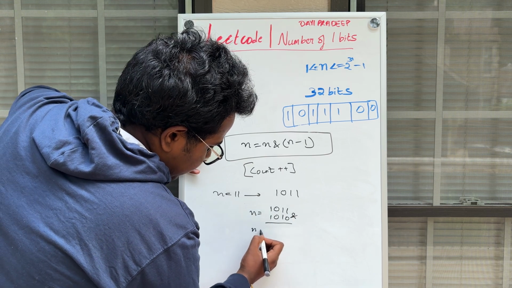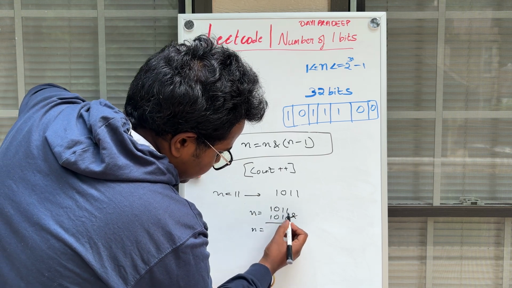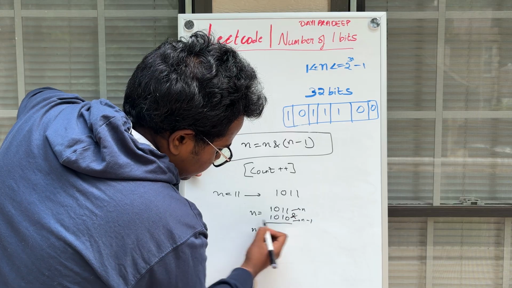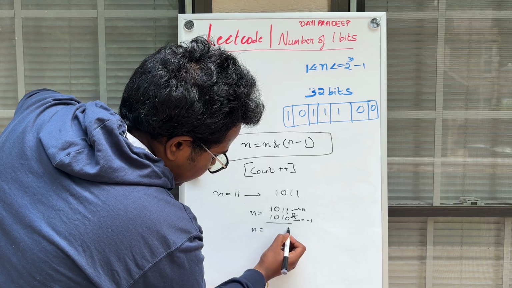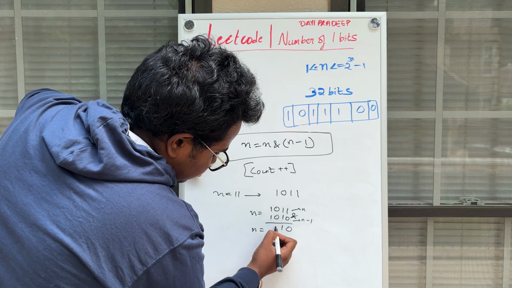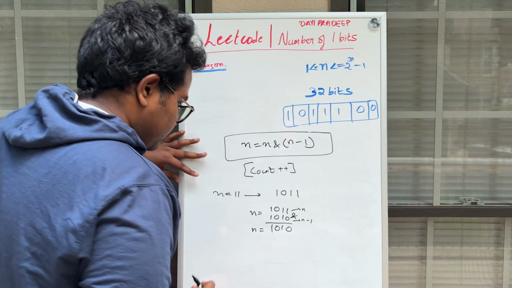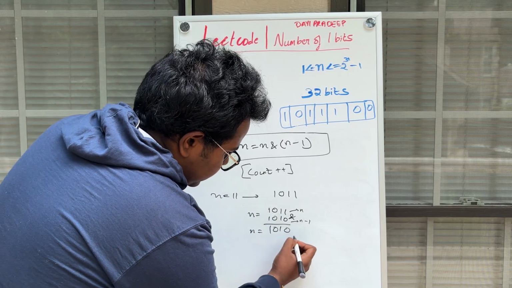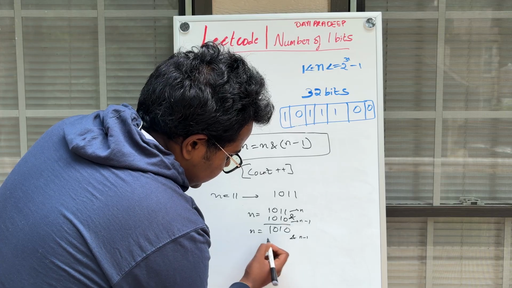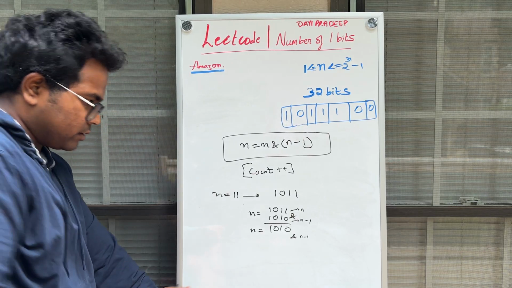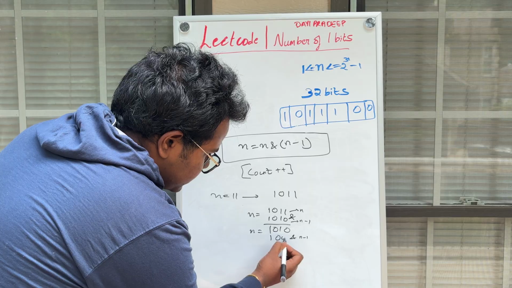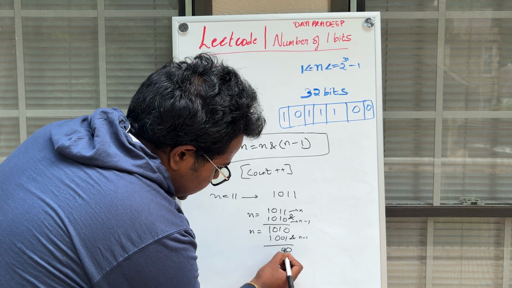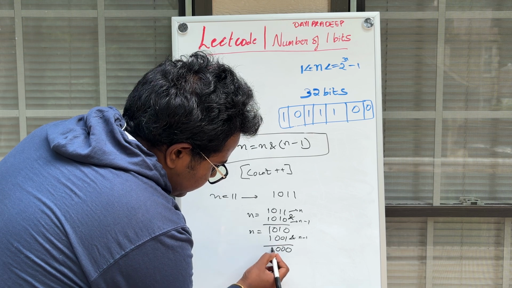Here again n equal to n and n minus 1, so this is 1010, this is n minus 1, 1001, so the result is 1000.